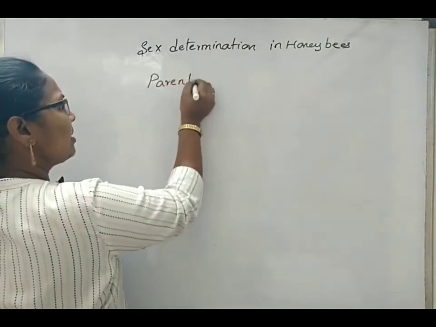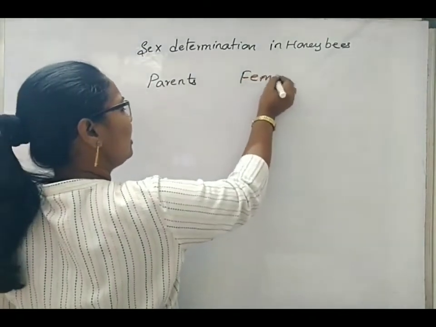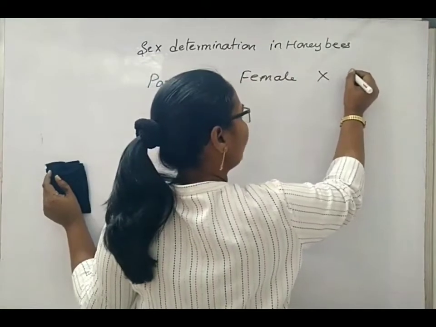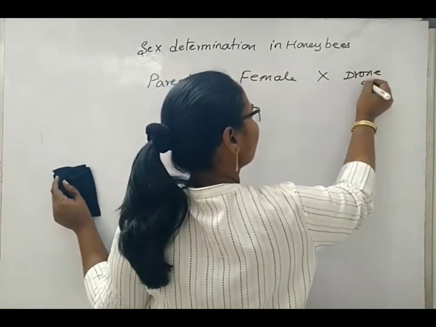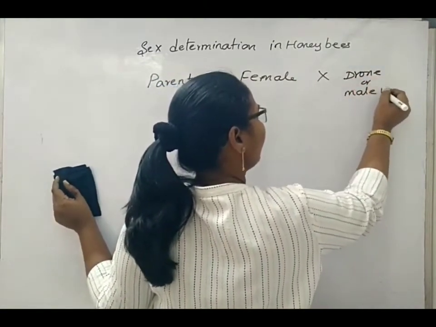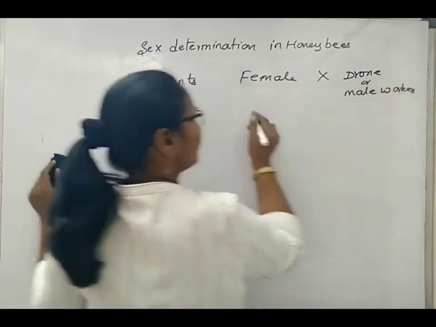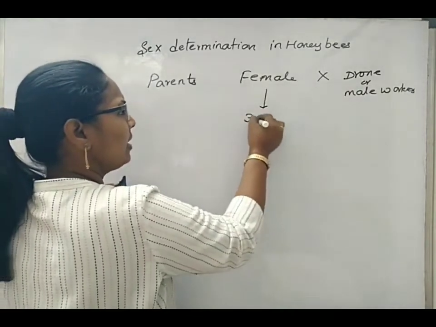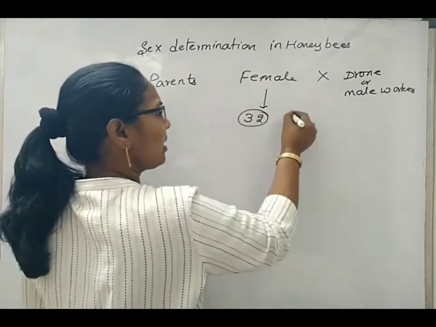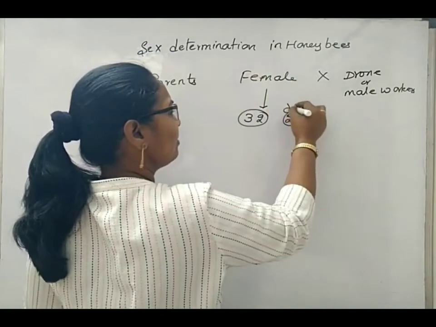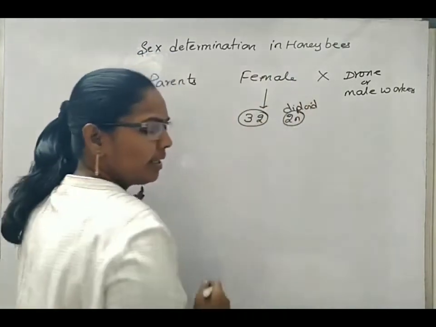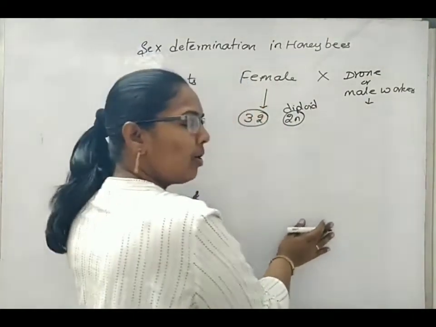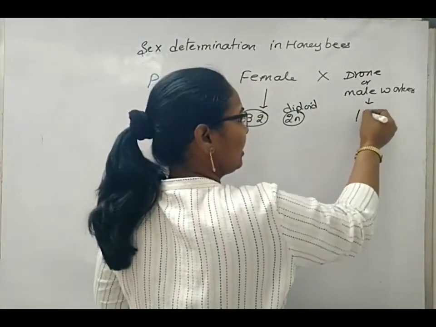If parents are a queen, that is a female, crossed with a male or drone, male worker, then the number of chromosomes here will be 32, which we consider as the diploid condition. And the number of chromosomes in a male honeybee or drone or male worker is only 16.